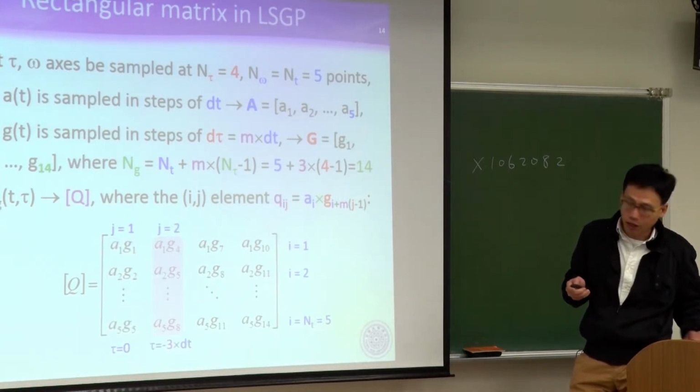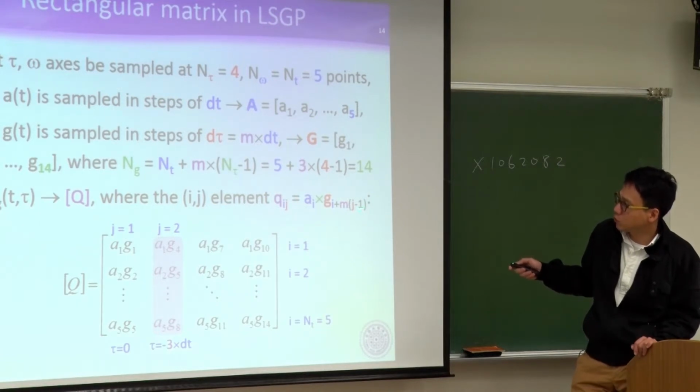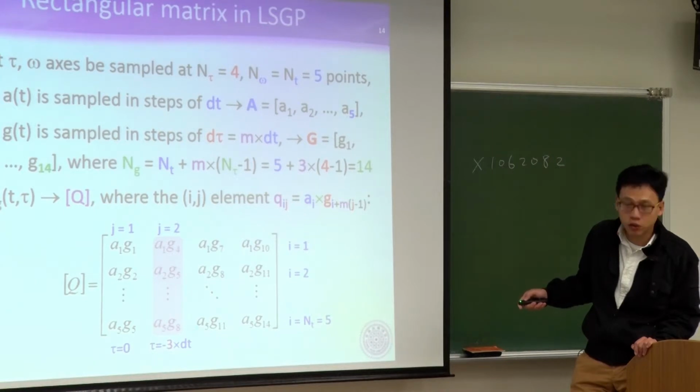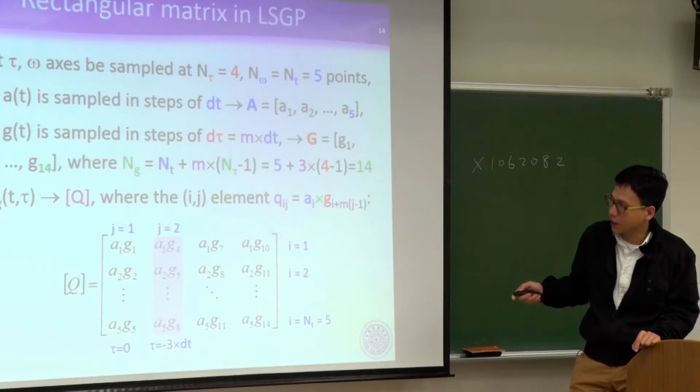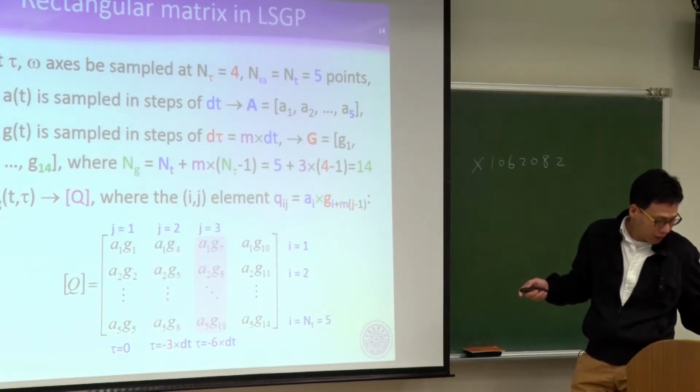But in the second column, when j equals 2, this is 1. So actually you have gi plus 3. Okay, that's why you have g4, g5 all the way to g8. 所以第一个 column 是1到5，第二个 column 是4到8，有 partially 的重叠，但是都是连续下来的.